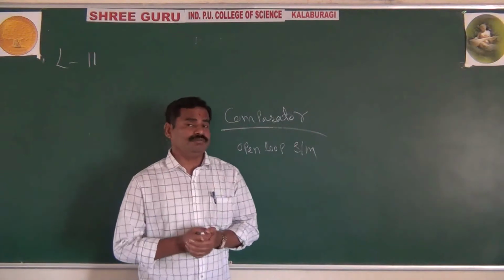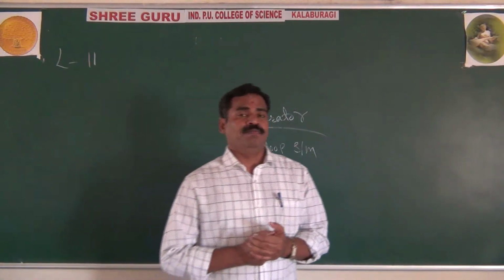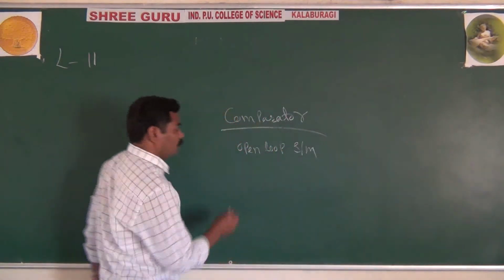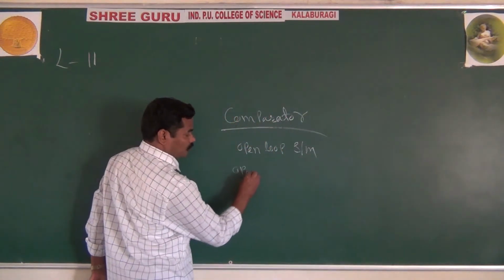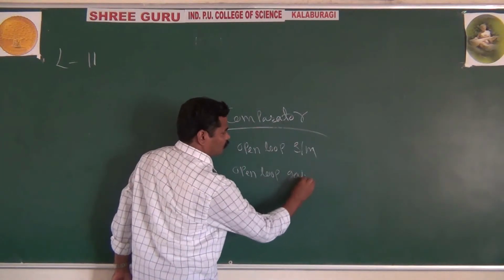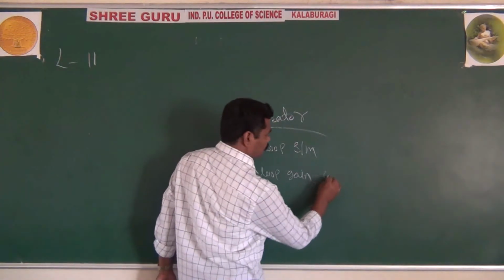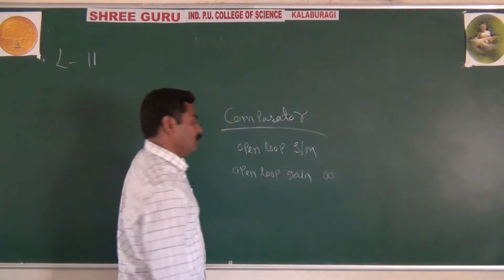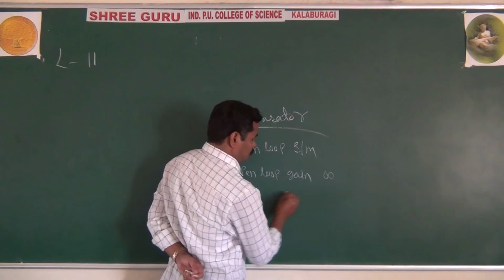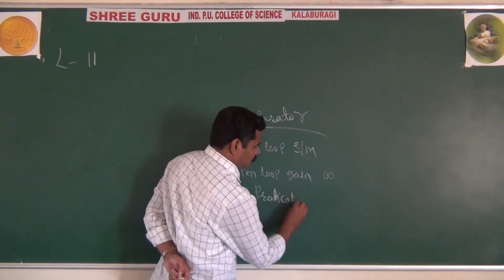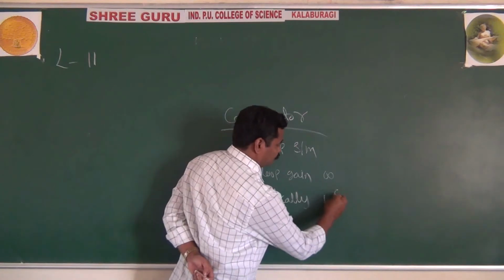And especially as you know already, the open loop gain of your op-amp is ideally infinity, but practically the open loop gain is nearly about 10⁵.